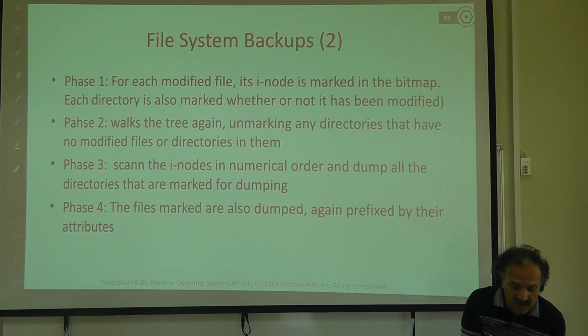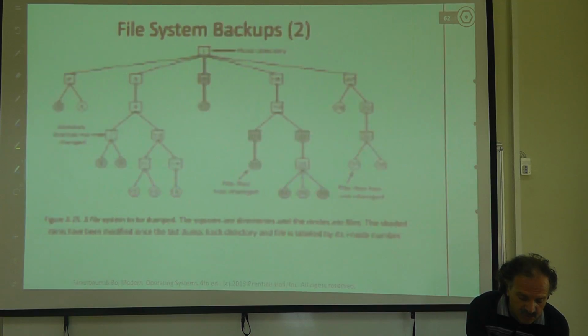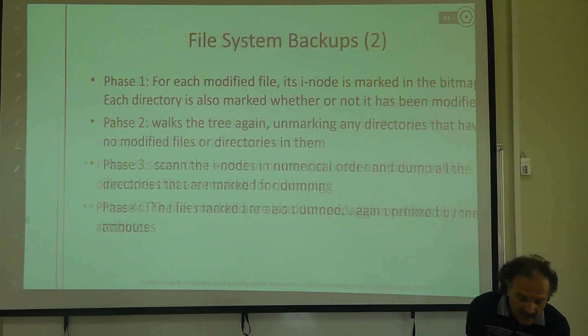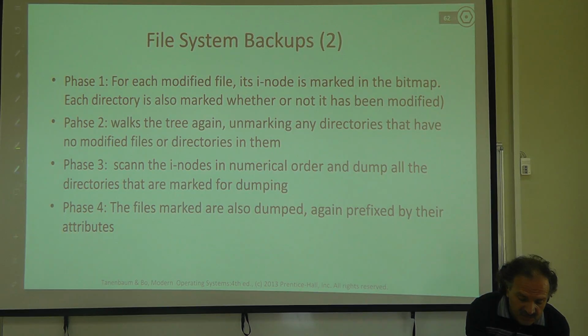In the first phase, for each modified file, its inode is marked in the bitmap, and each directory is also marked whether or not it has been modified. So I keep a bitmap representation of this file system, and for each modified file, its inode is marked in the bitmap.